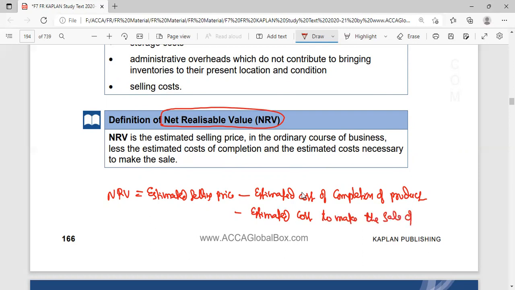That is called NRV, net realizable value.